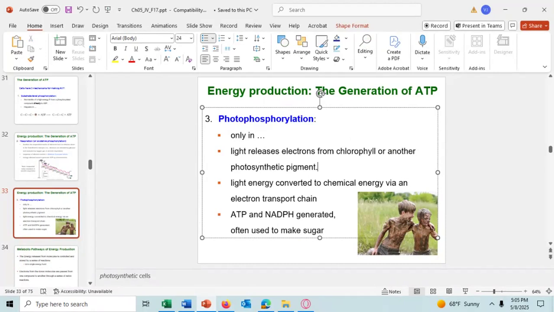Red algae and brown algae have red pigments or brown pigments, and they can engage in photophosphorylation and photosynthesis, but they're not using chlorophyll. Chlorophyll is the most common pigment, where light releases the electrons from the photosynthetic pigment chlorophyll.